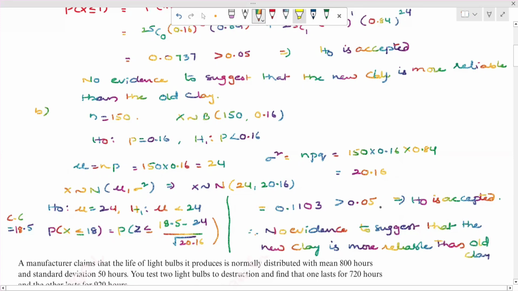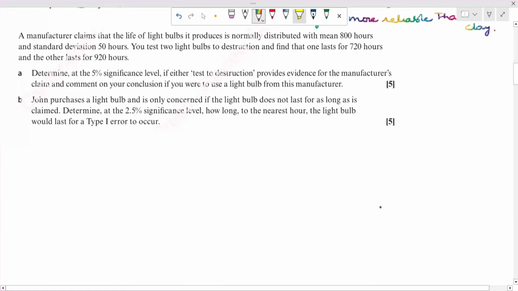Now see the second question. A manufacturer claims that the life of a light bulb it produces is normally distributed with mean 800 hours and standard deviation 50 hours.